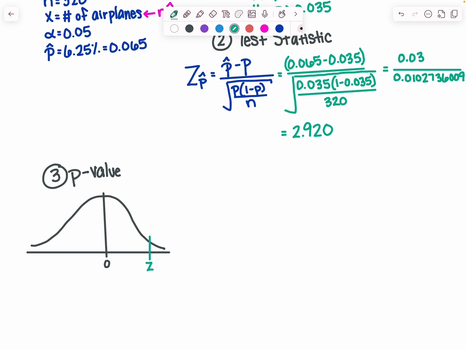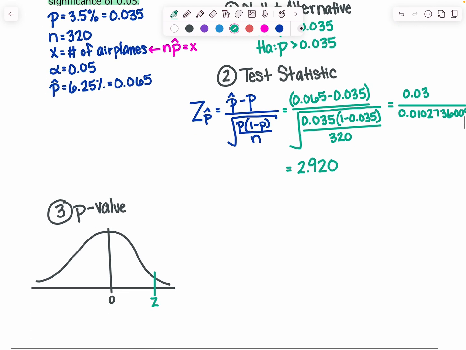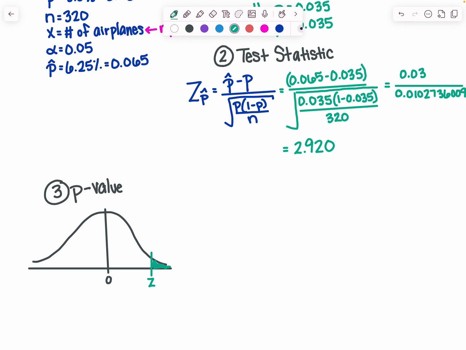That's our z-score. And this is a right-tailed test because it's greater than, so we're going to shade to the right. So this area represents the area for our p-value. And we're going to find that by doing 1 minus norm.s.dist 2.92, comma, true.